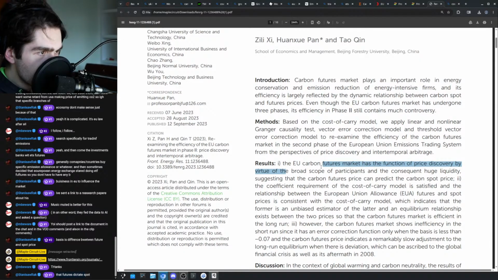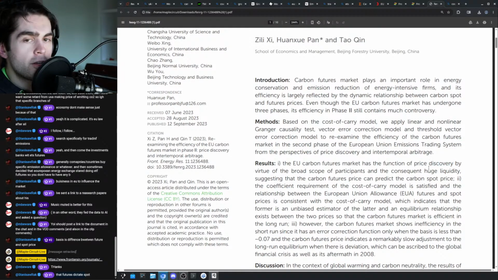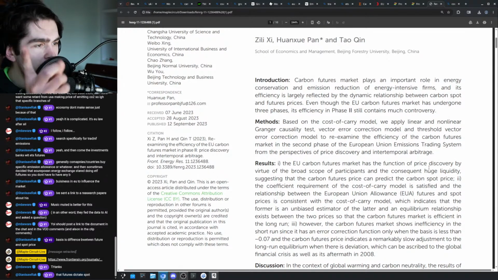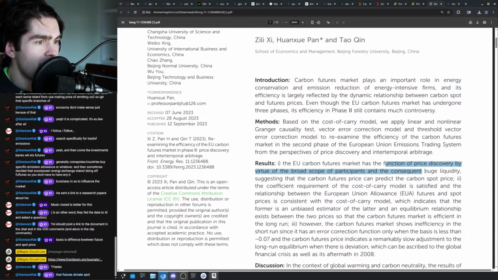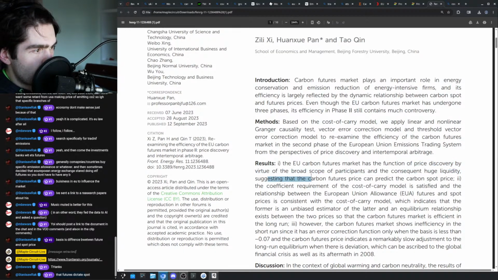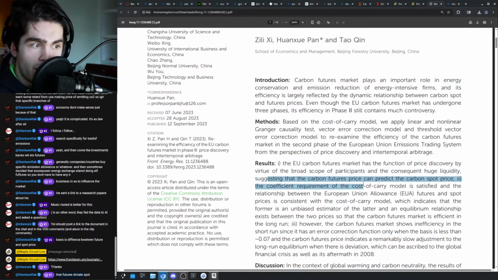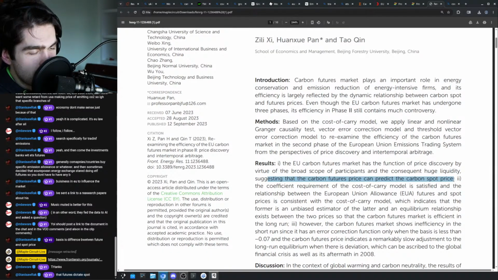So the EU carbon futures market has the function of price discovery. Price discovery, knowing a thing before it happens, by virtue of the broad scope of participants and the consequent huge liquidity. A lot of people on a thing, a lot of money on a thing. The goal is to know what the thing will be, suggesting that the carbon future price can predict the carbon spot price.